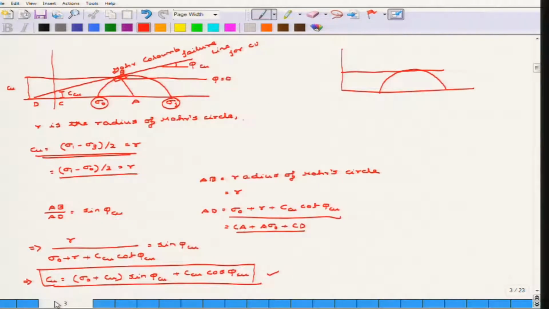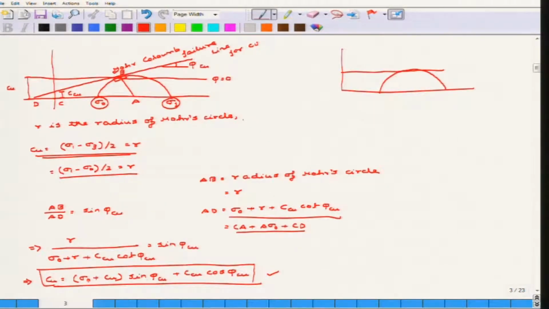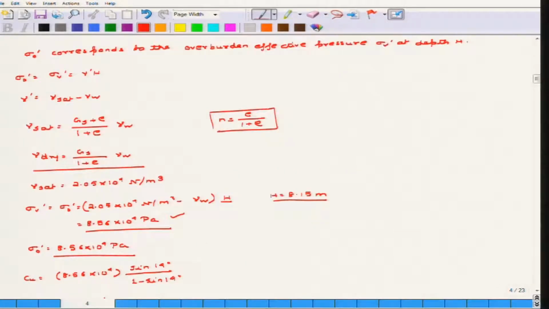So if you put all these values in this, Cu is equal to sigma naught plus Ccu sin phi cu, Ccu cos phi cu, then we will get Cu as 8.56 into 10 to the power 4 sin 14 degree by 1 minus sin 14 degree, that is sigma naught plus Ccu sin phi cu, plus Ccu cos phi cu.